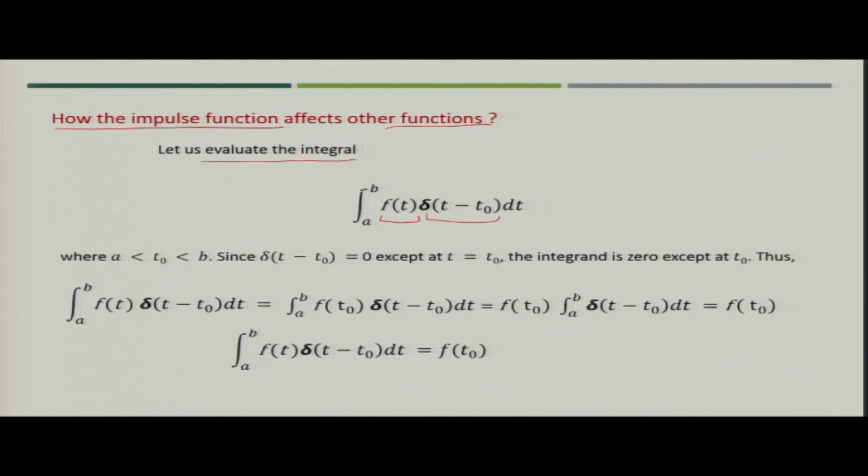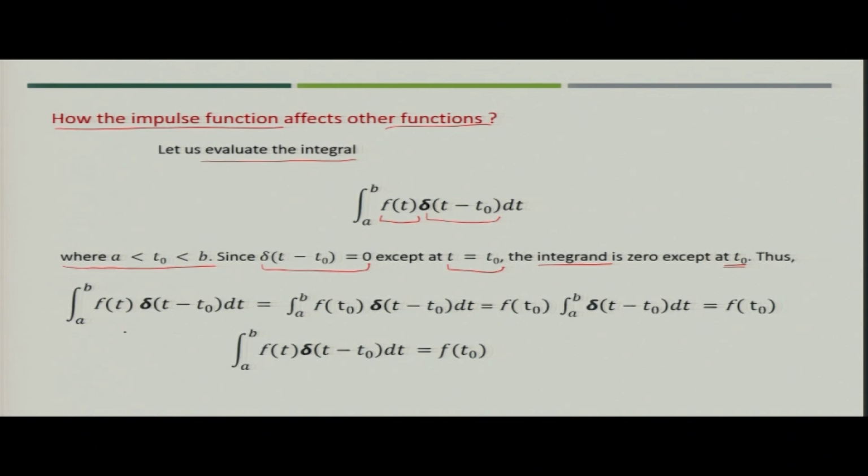If we want to integrate between a and b of f t delta t minus t naught dt, where t naught ranges between a and b. If you see this expression, delta t minus t naught is 0 except at the point t equal to t naught. So, it means your integrand is 0 except at that time.